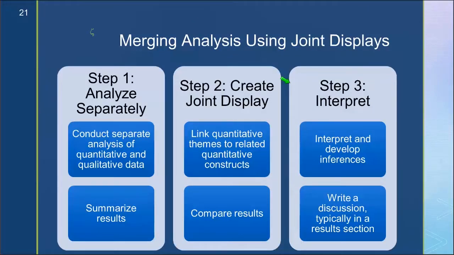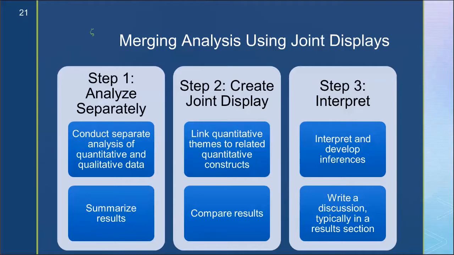So if you're interested in merging using joint displays, here are a few different steps that I recommend. First, analyze quantitative and qualitative results separately. And separately could mean iterative, that we're sometimes going back and forth between what we're learning quantitatively and qualitatively. We are then summarizing those results, so what we've learned from our quantitative and our qualitative components.